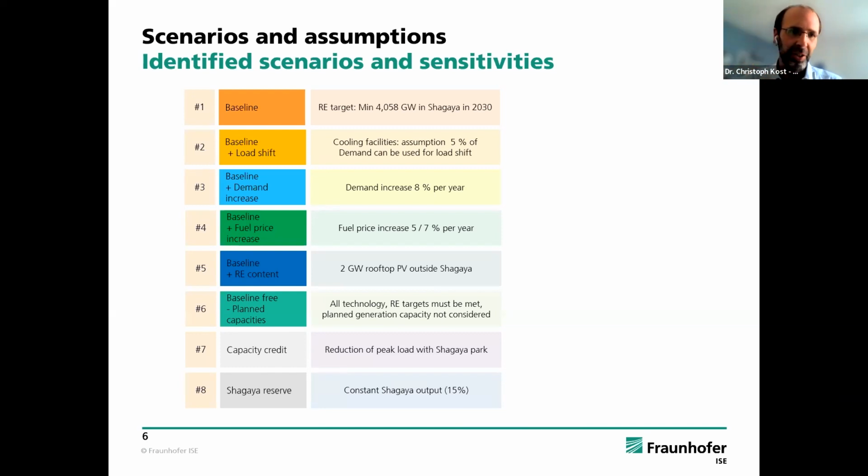But very interesting are scenarios 7 and 8, where we included a capacity credit constraint for the Shagaya Park to reduce the peak load from the park, and also a Shagaya reserve, as we called it, where the park has to provide a constant electricity output over every hour of each day.